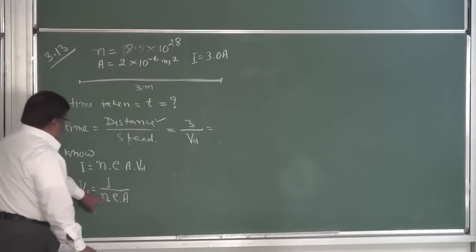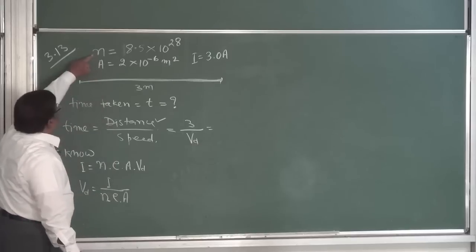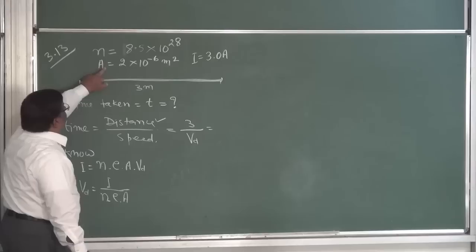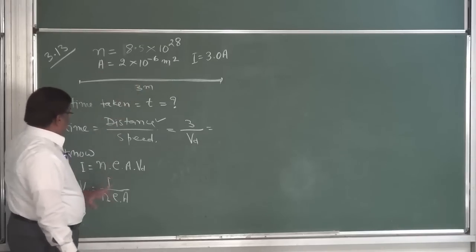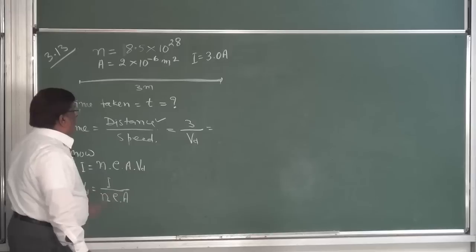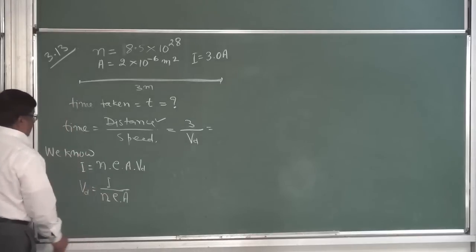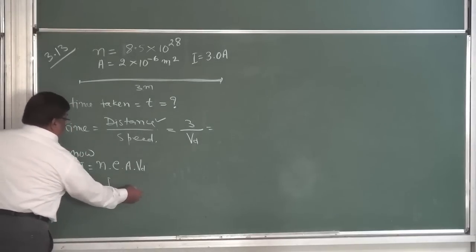n is the number density. Number density is given, area is given, e is a constant we know, I is also given to us. So we can very well find out drift velocity. How much will this be?